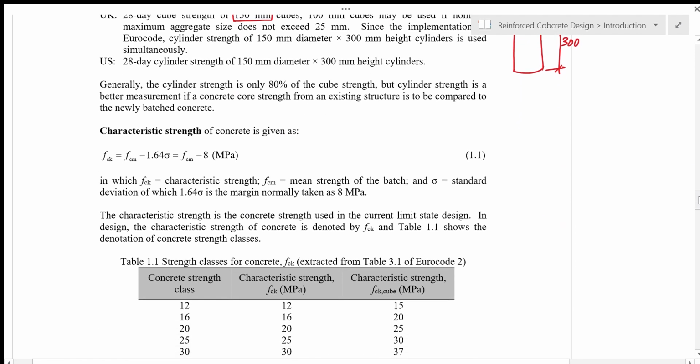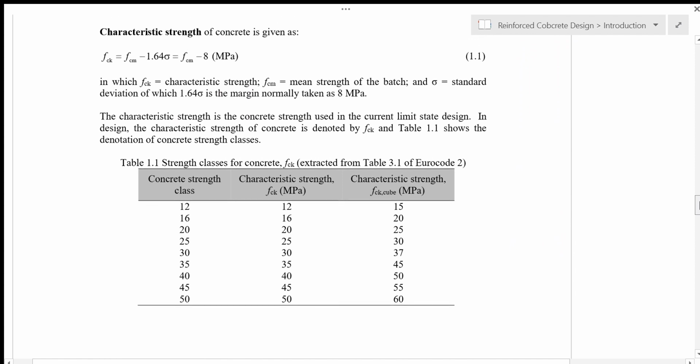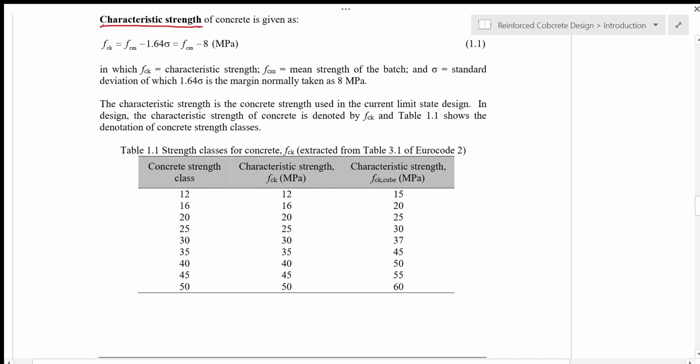So how do we define concrete strength? Concrete strength is defined as characteristic strength, denoted by the symbol FCK.